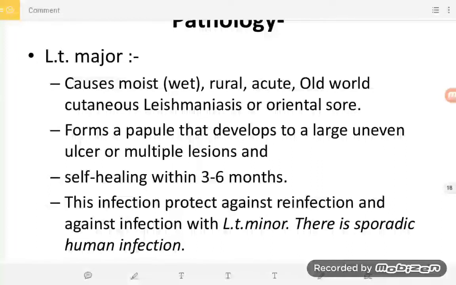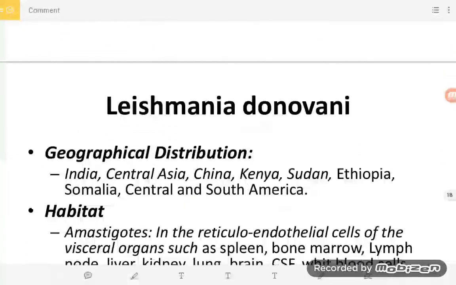Again, this we also call old world cutaneous Leishmaniasis. Again, self-healing normally takes 3 to 6 months. Right, this is enough.